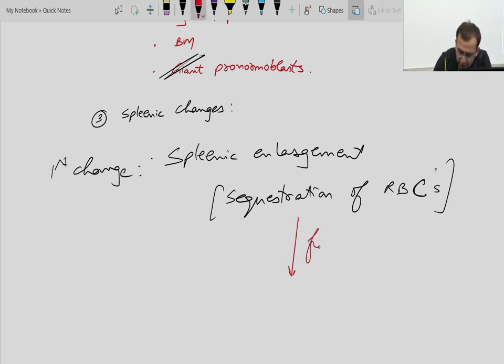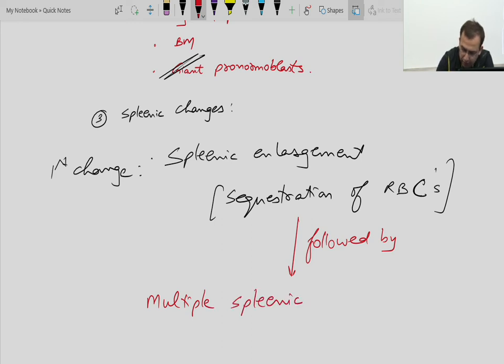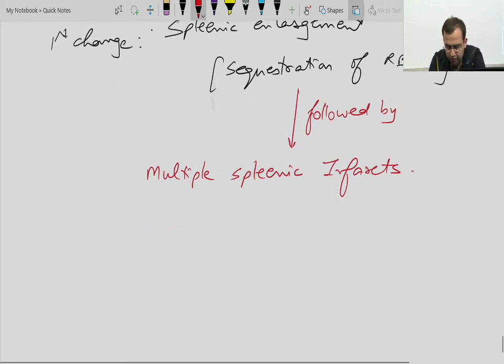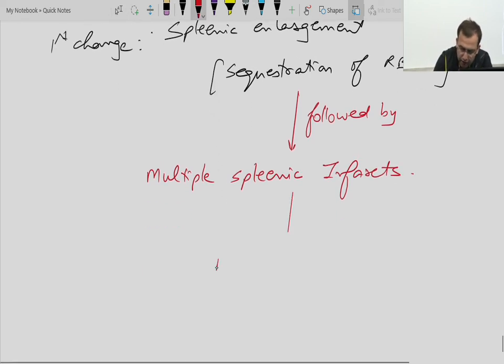This is followed by multiple splenic infarcts, which in turn lead to autosplenectomy.